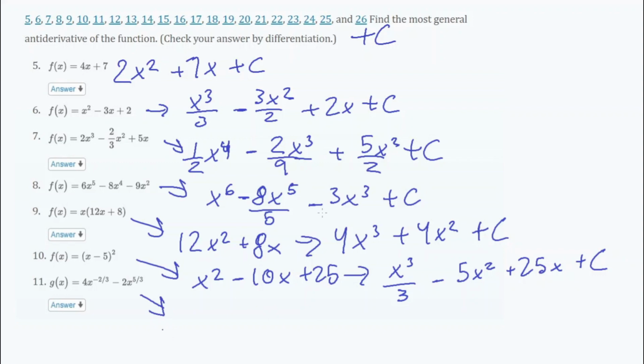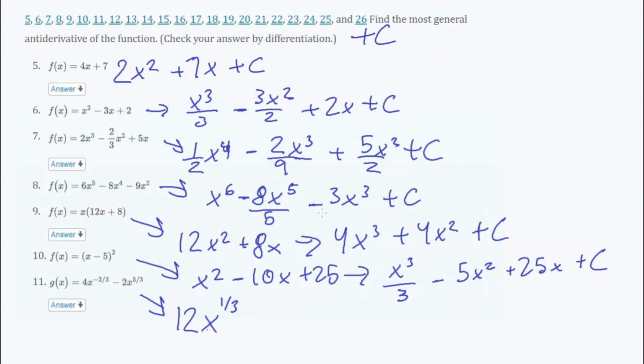And now the final one is going to be number 11. So we have 4x to the negative 2/3 power, and then minus 2x to the 5/3 power. So what we're going to do is take x, and then we add 1 to the exponent. So we add 1, we're going to have 1 over 3, and divided by 1 over 3, which means multiplied by 3.